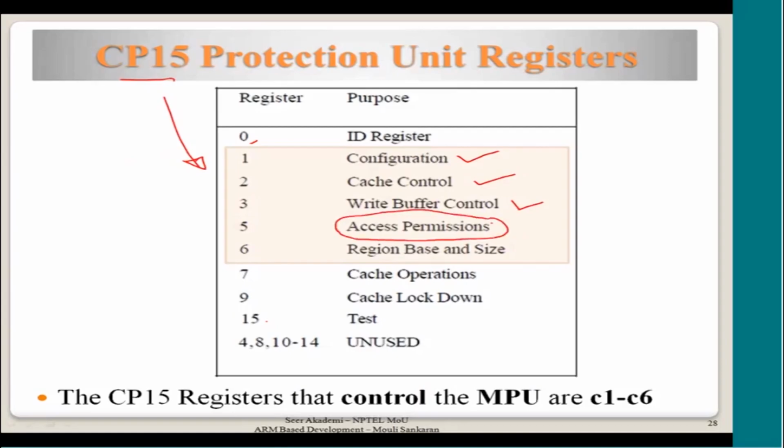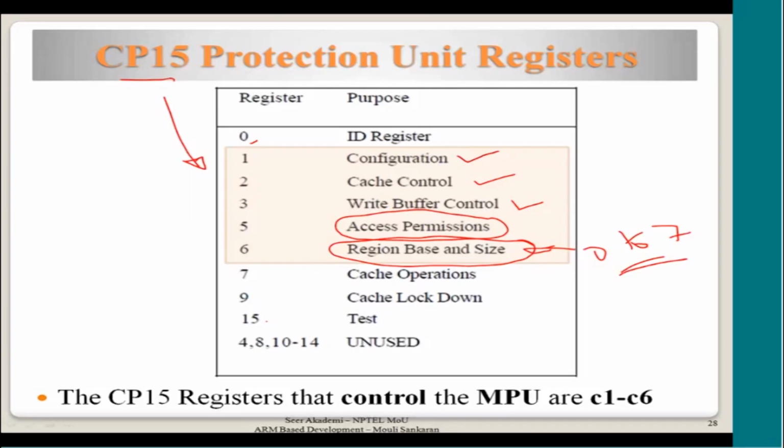Writing into this creates different access permissions for regions, and you can write into some of the registers here to control the different regions in the system. Region 0 to 7, 8 regions can be there, and there will be different registers for each of them, and you can control the length and size of the region. So different CP15 registers are allocated.